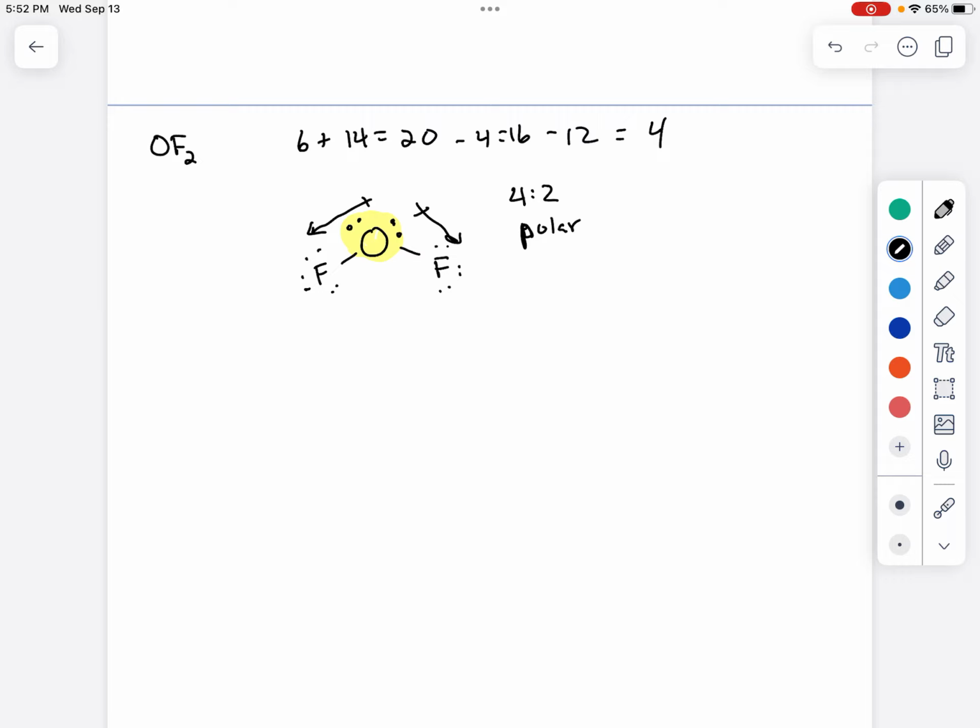So what did we do? The first thing we did was the Lewis structure. Once we did the Lewis structure, we figured out the geometry. After that, you look for polar bonds.